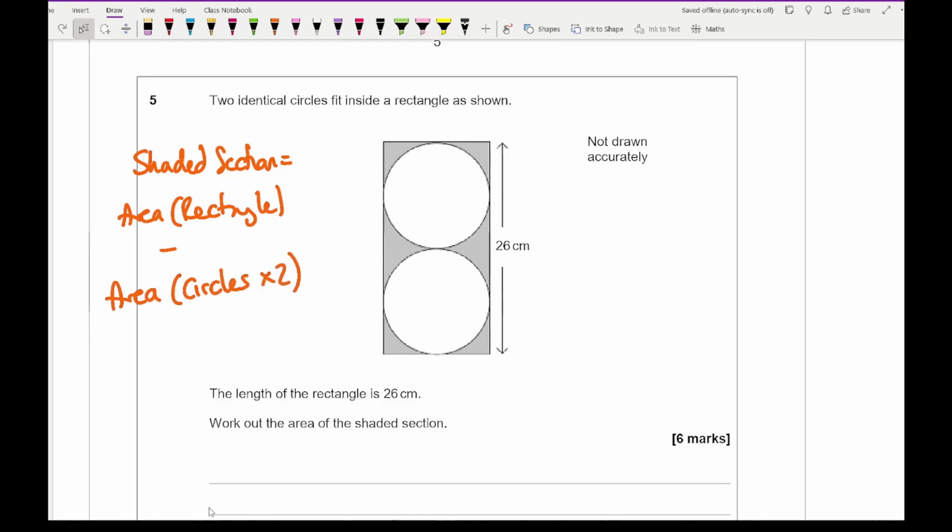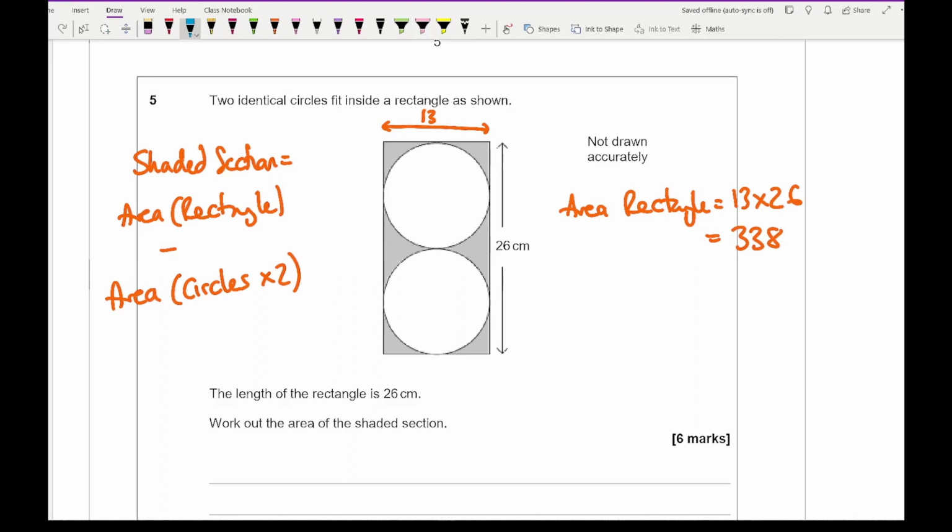So then working out the area of the rectangle, well, if 2 circles have a total length of 26, then one is going to have a length of 13. So that means that the diameter of the circle is going to be 13. So the width of the rectangle is going to be 13. So the area of the rectangle is going to be 13 times 26, which on the calculator gives me an answer of 338.